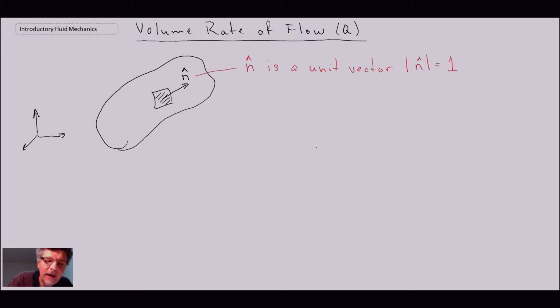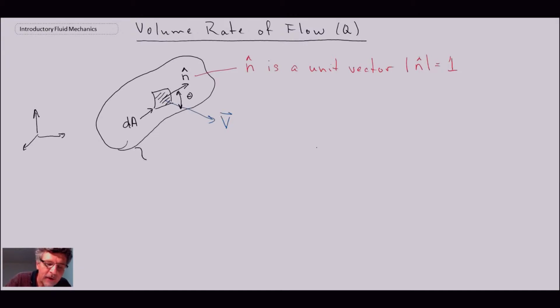And let's then imagine that we have some velocity vector v that is leaving the surface, but it is not in the same direction as the unit normal. And what we will do is we will specify the angle between the unit vector and v as being theta. And this particular area that we're looking at, we'll call that dA.